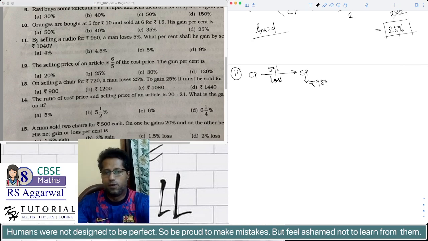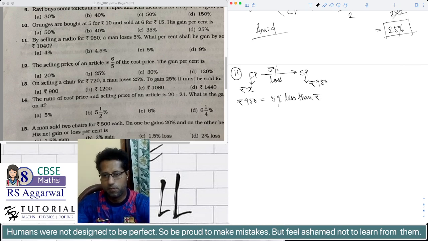So if we consider the cost price to be rupees x, we can say that rupees 950, that is the selling price, has to be equal to 5% less than the cost price, that is rupees x.